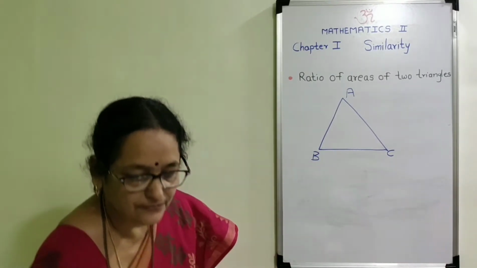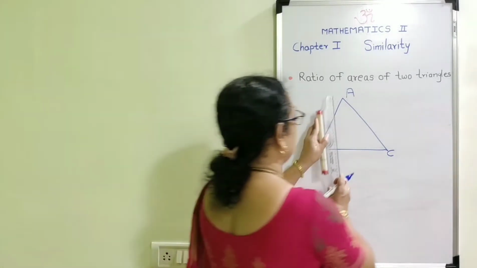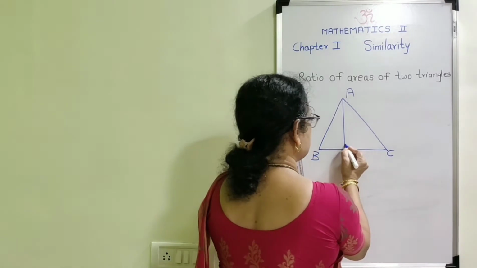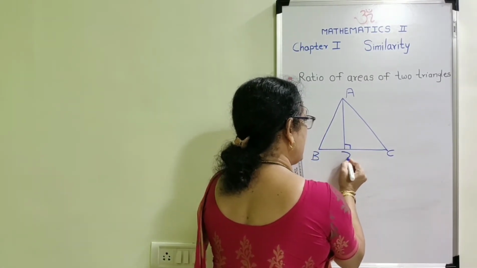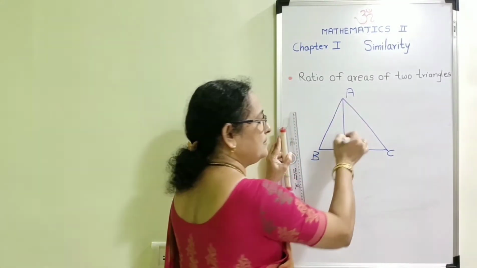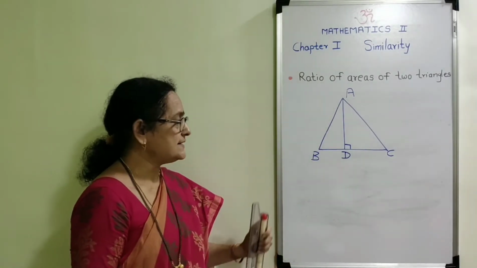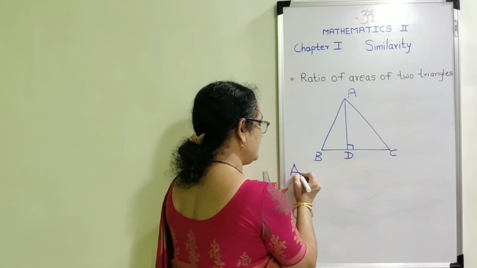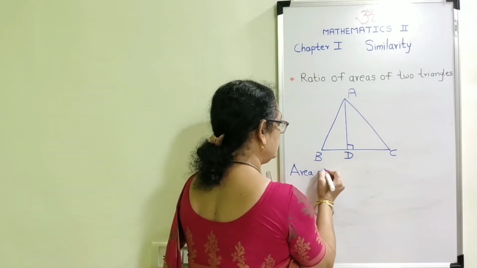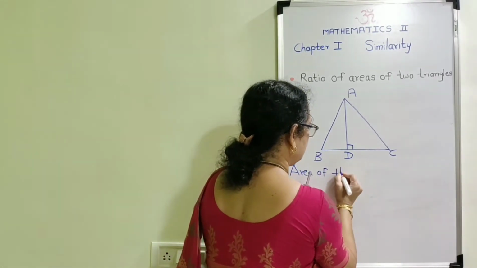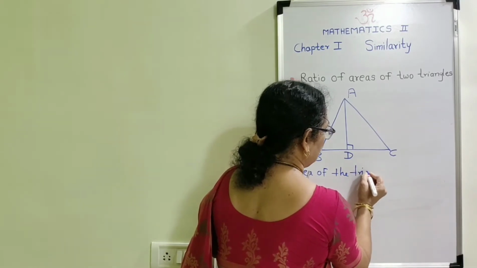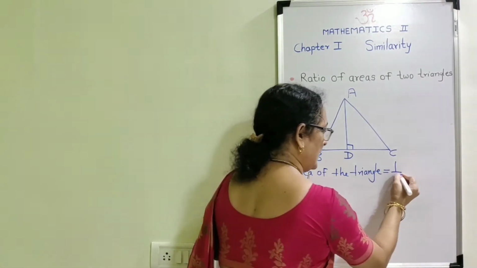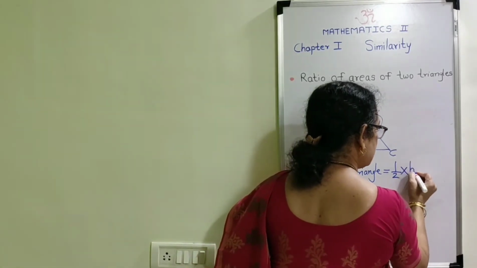Suppose I want to write down the formula to find the area of this triangle. I need first of all the height of the triangle. Suppose I have considered BC as the base. That's why I have taken a perpendicular on base BC, which is the segment AD. We all know that the area of a triangle is equal to 1/2 base into height.